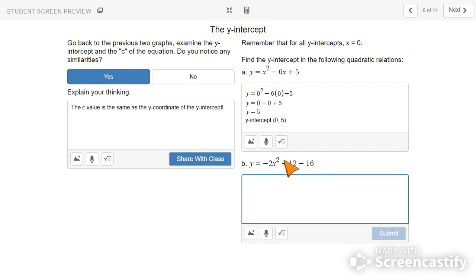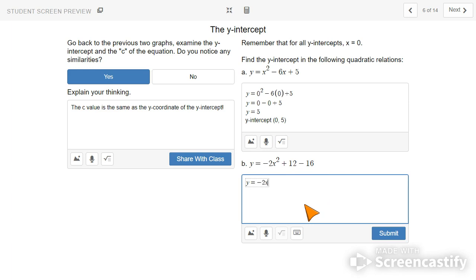So looking at this equation, I can say that the y-intercept is always going to be whatever doesn't have an x squared term or an x. This one is a bit tricky. I have negative 2x squared plus 12 minus 16. These two are like terms. We're going to have to combine them together.